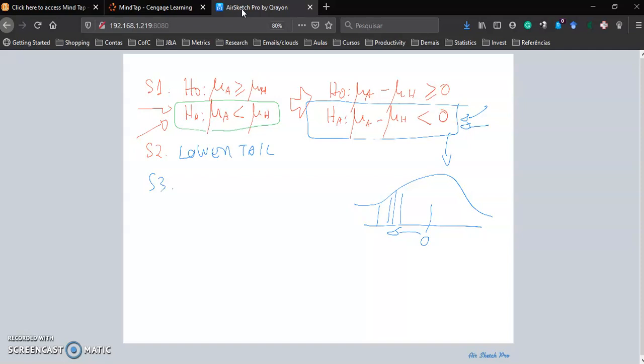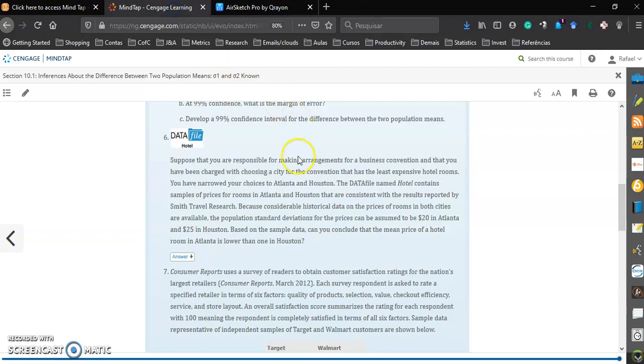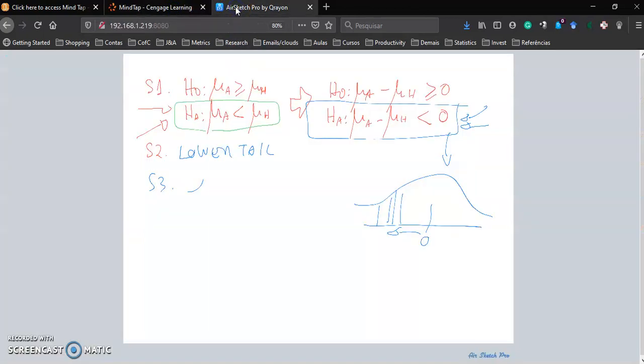Step number 3 is the alpha. The problem doesn't say the alpha. When the problem doesn't say, I always assume that it's 0.05. Okay. Let me take extra notes here.